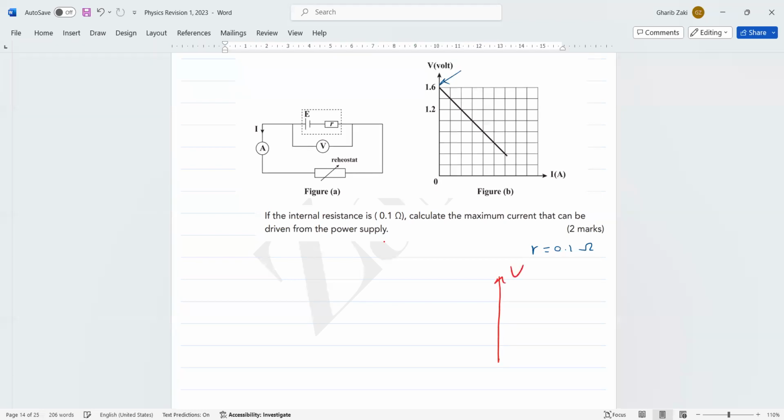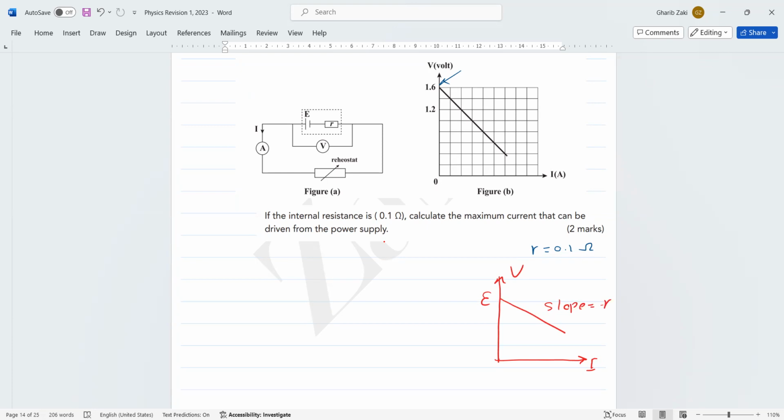Here, this is the graph of V, and this is the current. So the line represented by this is the EMF, and the slope equals negative R. This comes from where? From this.